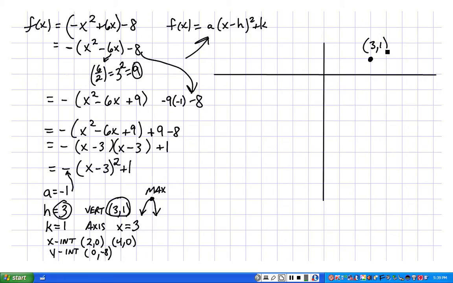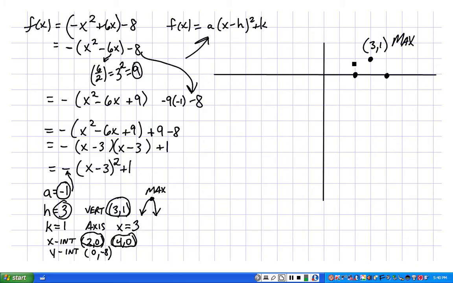3, 1. Now we know that this is a parabola that's going to be going down from here because our a is negative. So we know that our parabola, when we graph it, is going to be going down. Okay, and that our vertex represents a max, a maximum, and that when we draw our parabola, it's going to cross the x-axis at 2, 0 and at 4, 0.